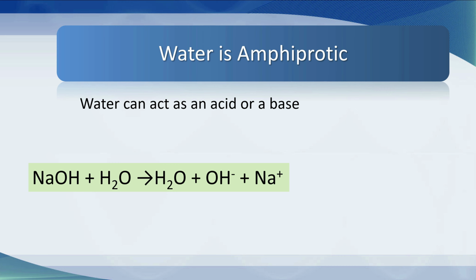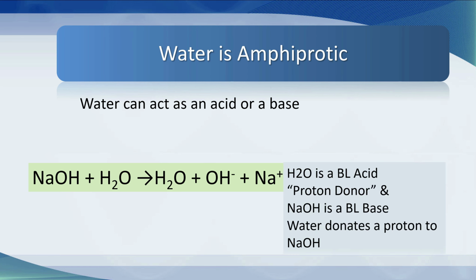In this situation, sodium hydroxide is a Bronsted-Lowry base as water donates the proton to sodium hydroxide. The presence of sodium is indicative of base, and sodium is an Arrhenius base. Regardless of your approach, I want you to think of chloride as hydrochloric acid and sodium as sodium hydroxide. This will make acid-base balance easy for you.